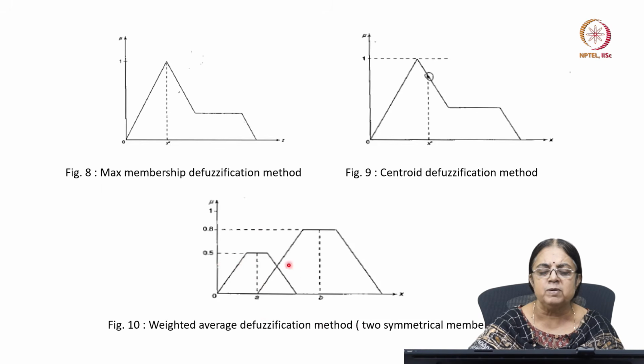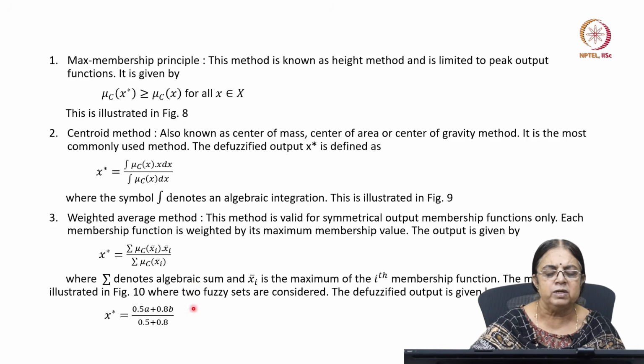This is one membership function, this is another membership function. You are finding the element, this is one of the two elements that you have, and you are going to take this as your defuzzified output to give your x star.